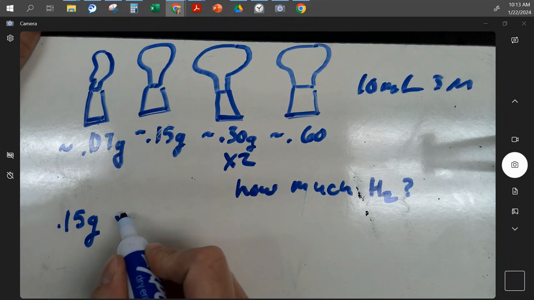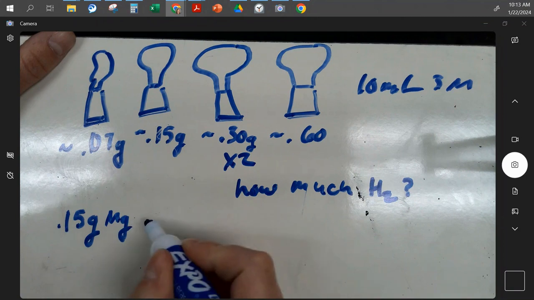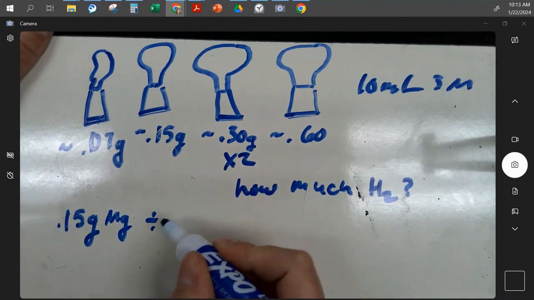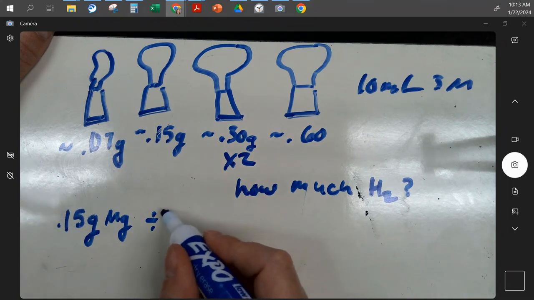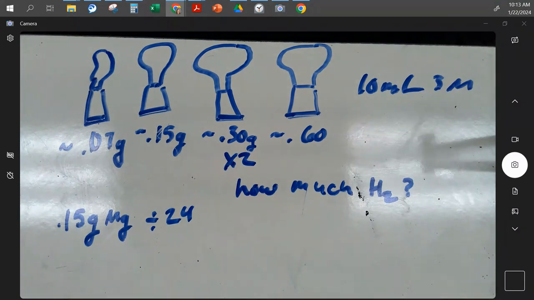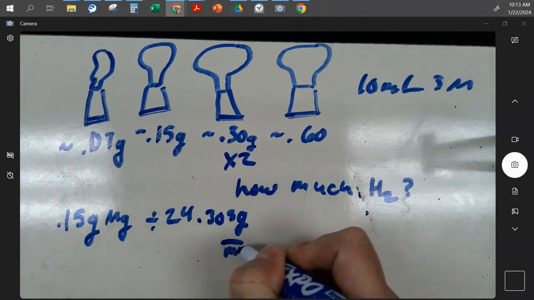And I need to convert that to moles. So how many moles of magnesium? So we just talked about this. We got to divide by the molar mass of magnesium, which is, I think it's 24. I can't see that far. Let me pull out this periodic table. 24.305 grams per mole. So I'm dividing by the molar mass.